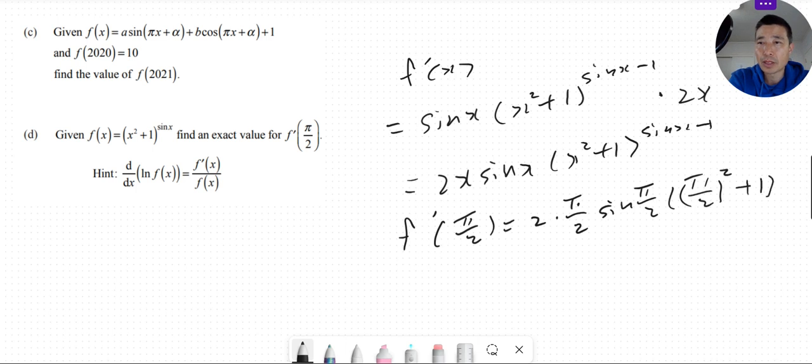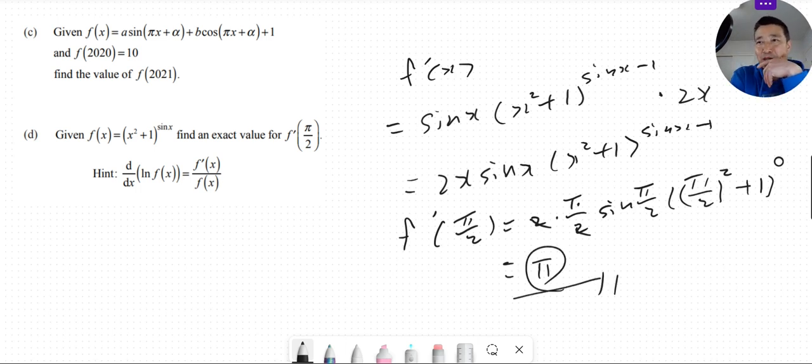Plus 1. By the way, sine pi over 2 is 1, isn't it? So 1 take away 1, which is 0, right? And then we simplify pi. Again, sine pi over 2 is 1, so pi times that, which is whatever to the power of 0 is 1, which is pi. Yeah, that should be the answer.